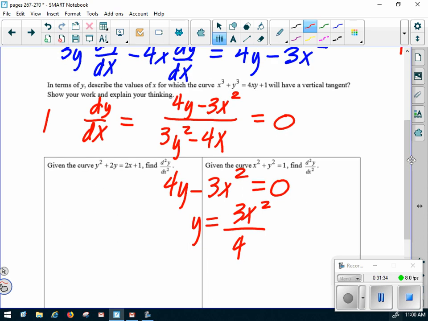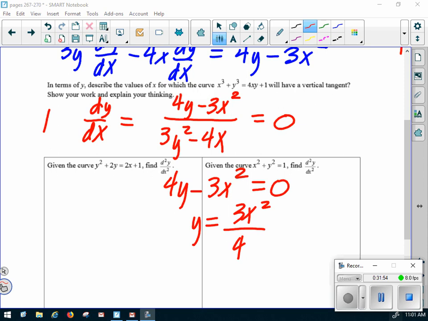Did you have 3x squared minus 4y? No, I have x and y actually split. I don't know how that happened. We've got to find x values. Now, Ava said a system of equations or something, and the answer is, yeah, pretty much.